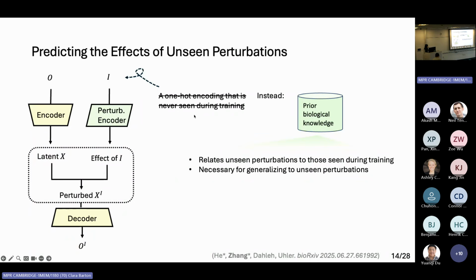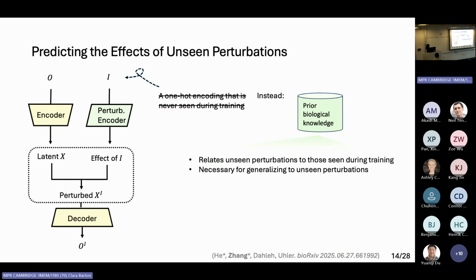You can imagine that I have gene I1, gene I2, I3, all studied in prior literature, and I can extract the corresponding embeddings of those genes from prior literature. The embedding for the unseen perturbation is only going to be similar to those in training if those genes have been seen in the prior literature to have very similar effects.